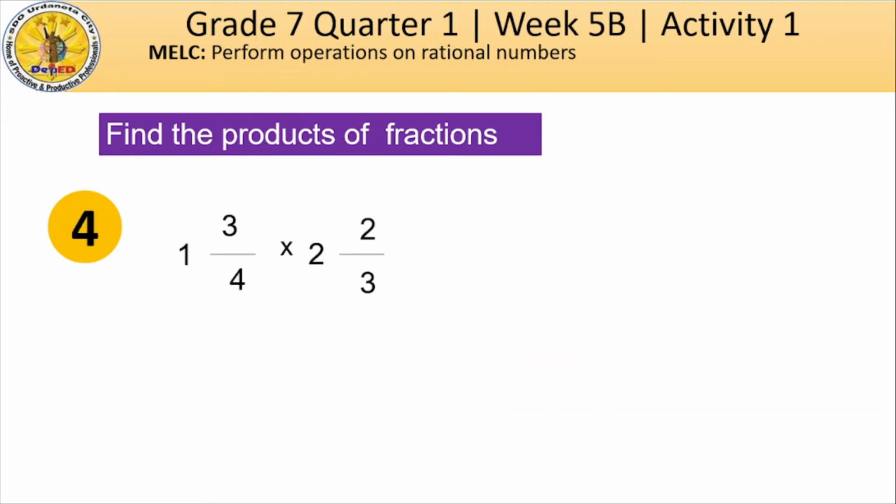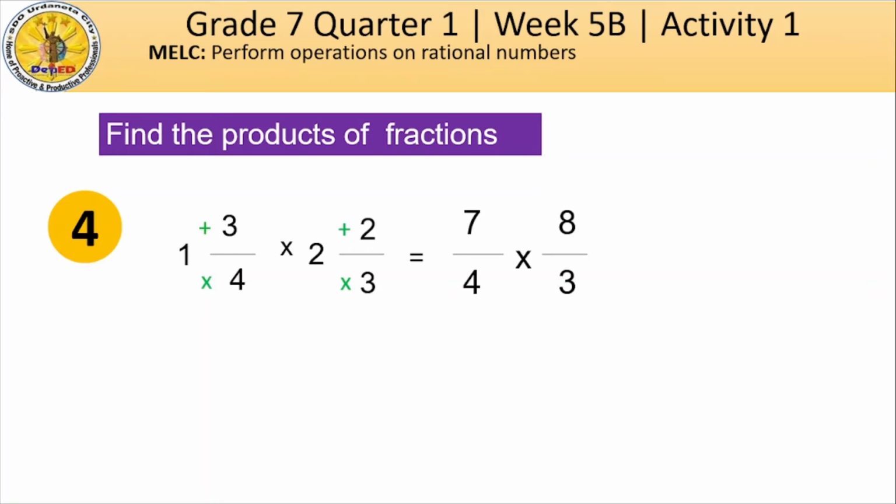Example number 4. Ito naman, paano kung i-multiply natin ay both mixed numbers? So again, let us remember to rename these mixed numbers into improper fractions. So 1 and 3/4 and 2 and 2/3 will become 7/4 and 8/3. And then, let us observe the resulting fractions.